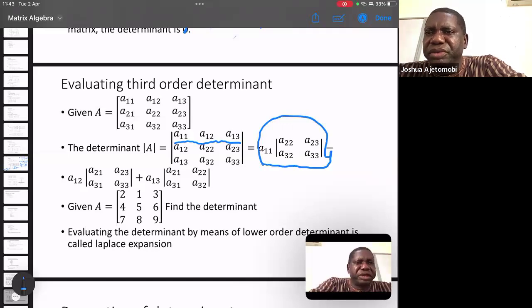For A12, if you remove the row and the column, I'm left with A21, A23, A31, A33. For A13, I will be left with A21, A22, A31, A32.